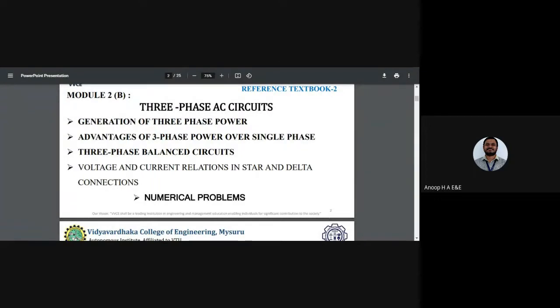First we are going to have the generation of three-phase power. Next, the advantages of three-phase power over single phase. Those two topics I'll leave to you. You can go through them; the generation of three-phase power is quite similar to the working principle of the synchronous generator. Next, we are going to have the voltage and current relations in star and delta connection. All those concepts we will be discussing right now.